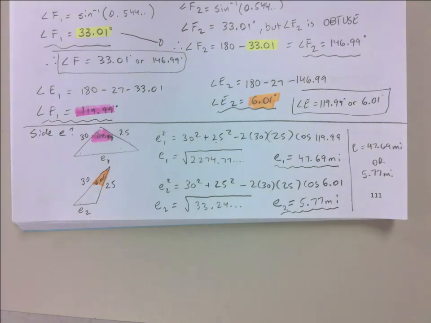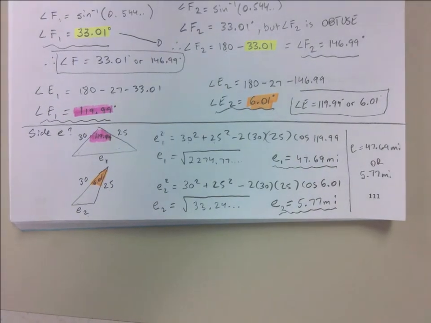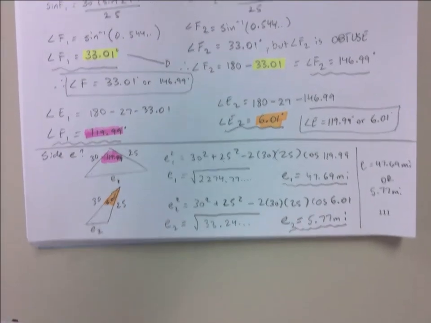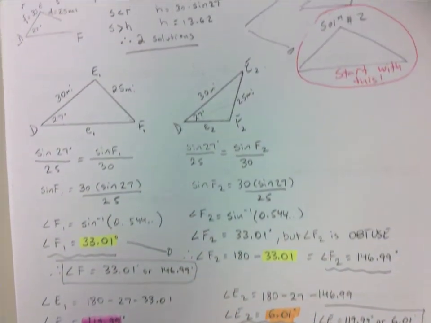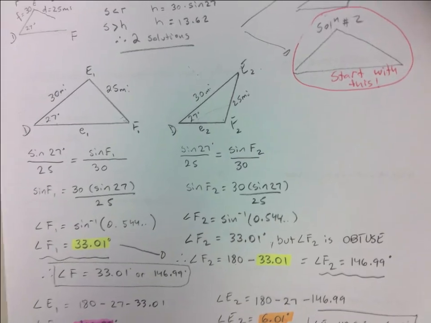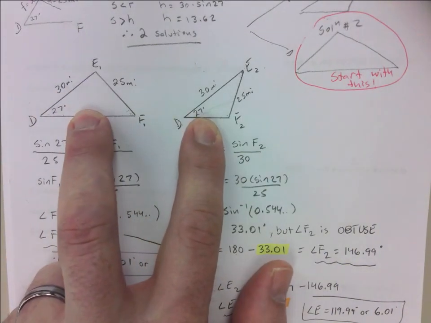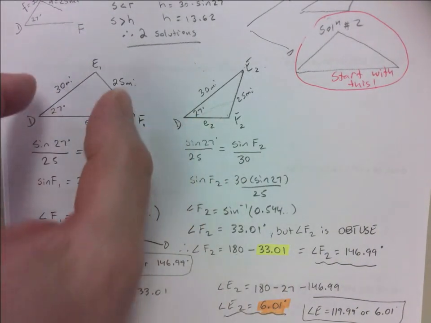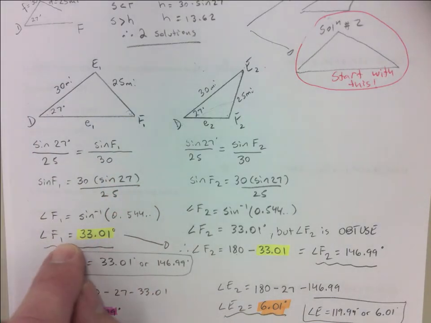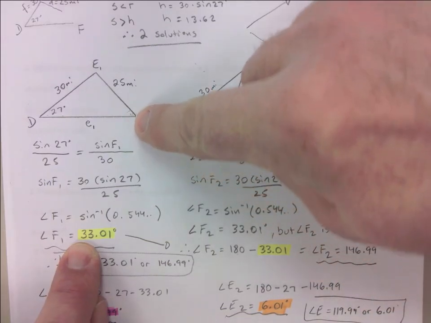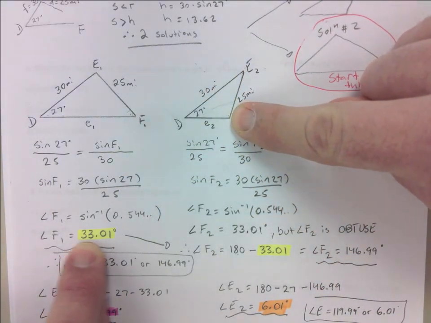I'm just going to say this before I close. Where students get this wrong, where it derails, is right at the beginning. This part right here: the fact that it is an SSA and that there's two possible triangles. I want you to start with this one. Find the first angle that is missing. Find this one, and then immediately jump to this one.